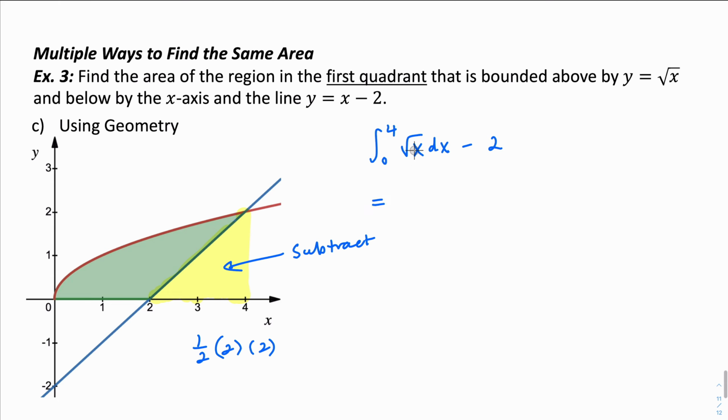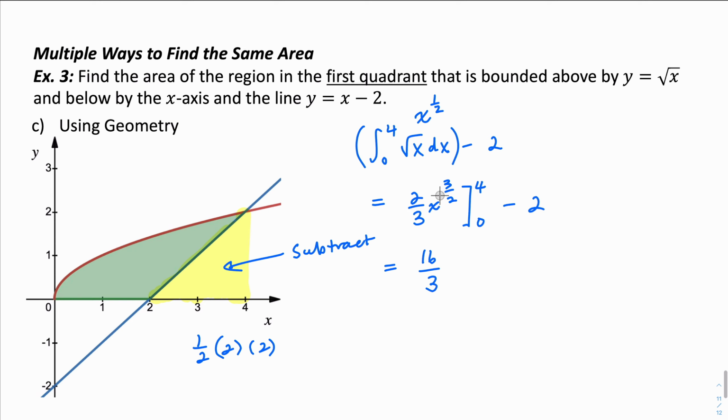So let's go ahead and do that. The antiderivative of the square root of x, remember this is x to the 1/2, is 2/3 x to the 3/2. The 2 is outside of the integral, so we evaluate the whole integral first, from 0 to 4, and then subtract the 2. 4 cubed is 64, the square root of 64 is 8, so that's 16 over 3.